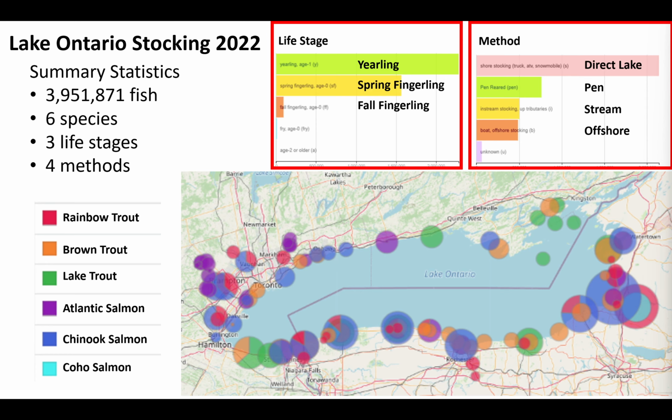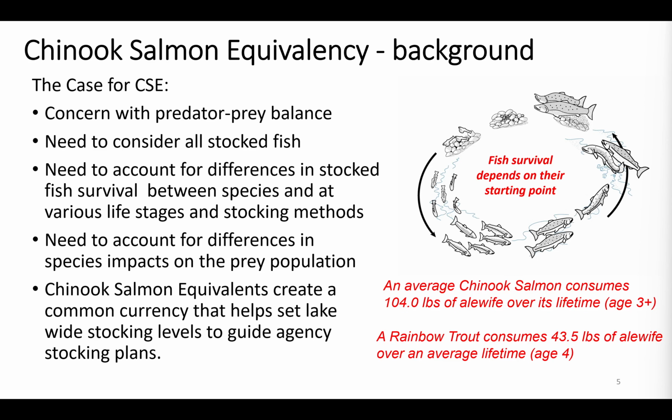This is pulled right out of the stocking database that you saw today, and I can't say enough about that tool. We use it regularly all the time. It's very understated on the utility of that tool. So this is just showing 1 year. Lake Ontario gets a lot of fish, and there's a whole charter boat industry, a whole stakeholder industry around that fishery in and of itself.